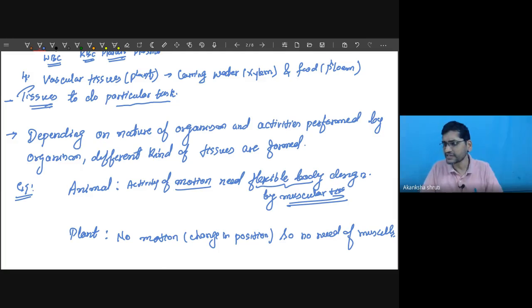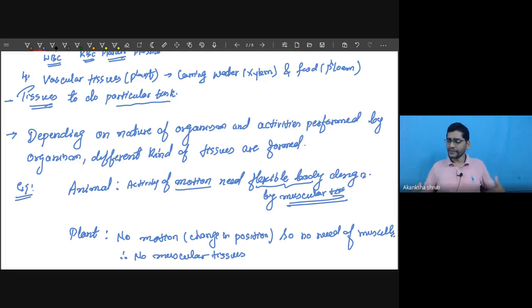Muscular tissues are not required. Therefore, no muscular tissues. But internal bodies are designed for carrying the water and food inside the plant. So vascular tissues are there.